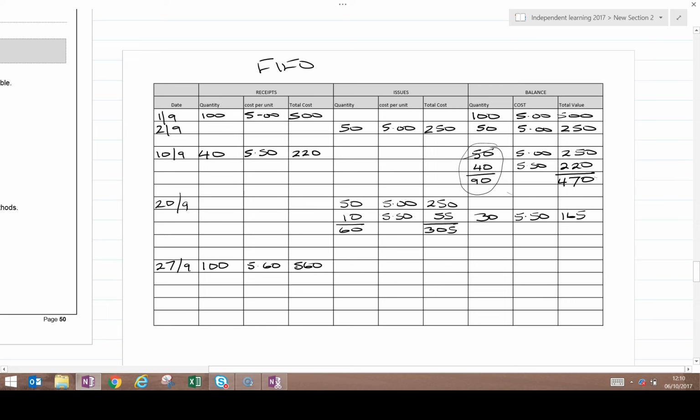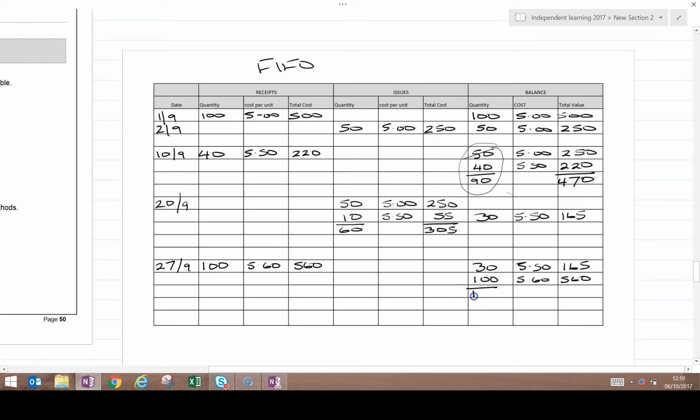So remember, when we come to do the balance, before we add on our new receipt, rewrite out what we already have. So we know in the balance column we have 30 that were £5.50, so that's £165. We've added in another 100, at £5.60. So that's £560.